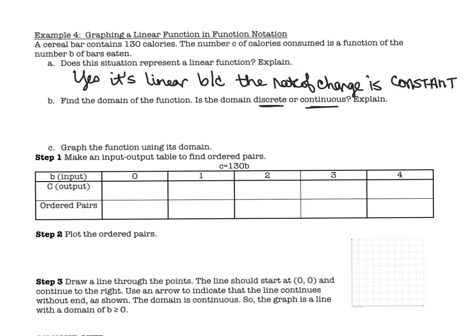So that means that we could eat a fraction of a bar, 2.5 bars, or 1 3/4 of a bar. Is that possible? Yes. So the domain is continuous because you can eat a fraction of a bar.